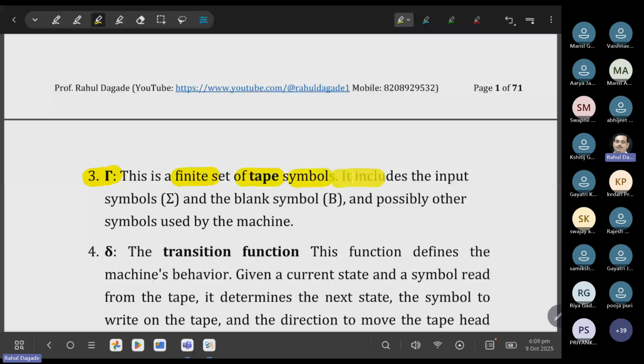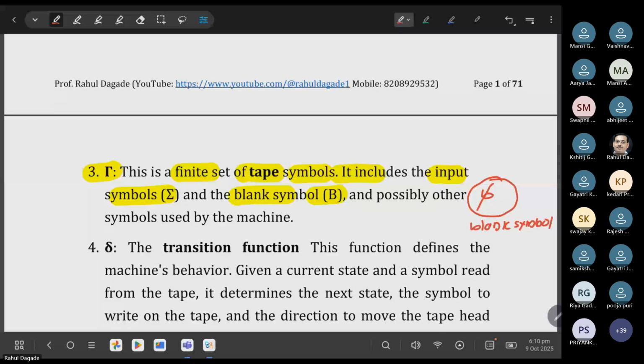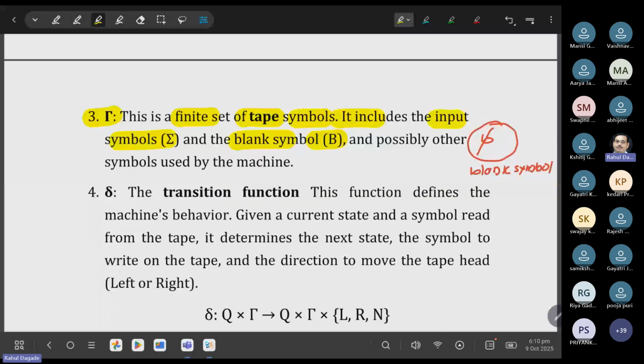It includes the input symbols, that is sigma, and the blank symbol, typically represented as B, or it is also represented as this. This is called the blank symbol, and possibly other symbols used by the machine. So tau that we have in a PDA is a stack symbol, while in a Turing machine it is called a tape symbol.